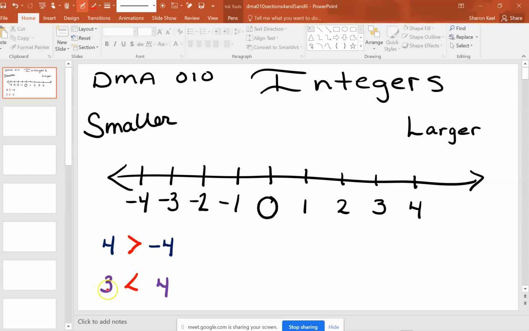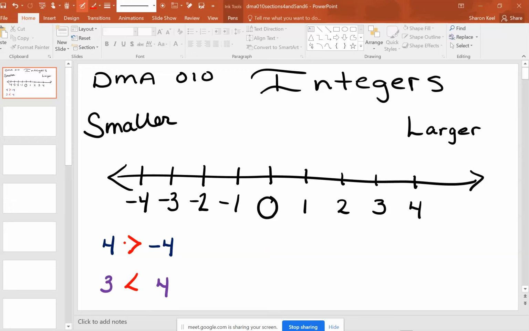If I were to read this, this would be 3 is less than 4, okay? So -4 is here. It's smaller than the +4. And in this problem, the 3 is also smaller than the 4. And when you write the symbols, it's open to the bigger number. The point goes to the smaller number.